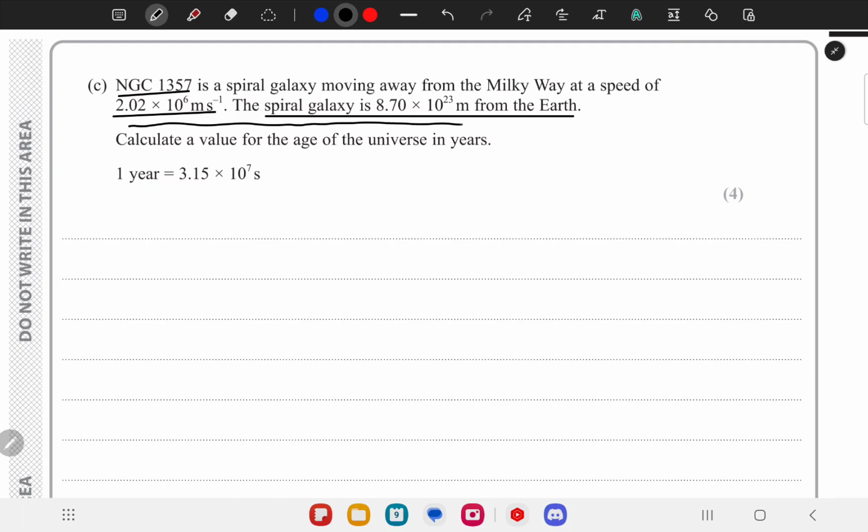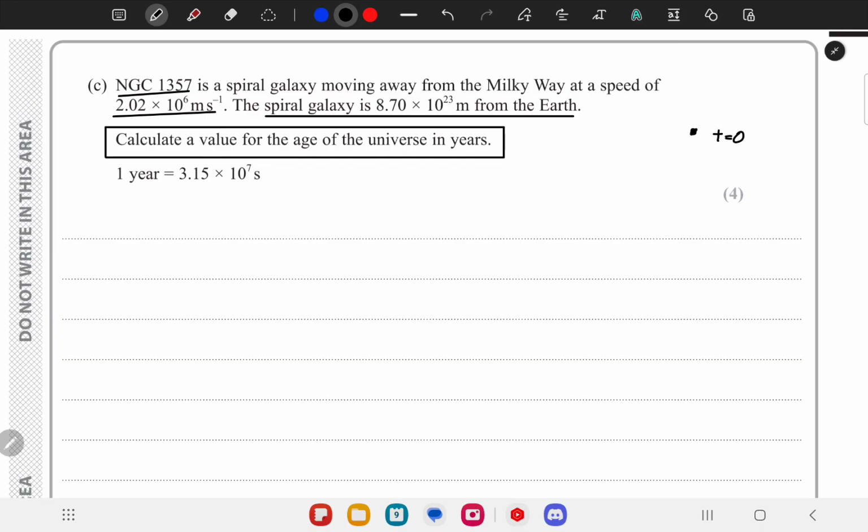We have to calculate the value for the age of the universe in years. Now at the start, before the Big Bang, everything was at the same spot. So at t equals 0, the distance between the Milky Way galaxy and NGC 1357 was 0 meters.